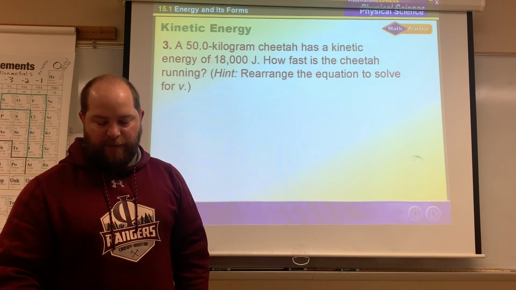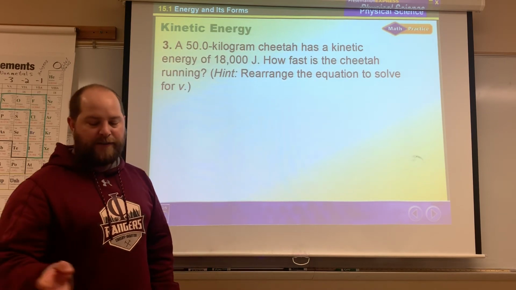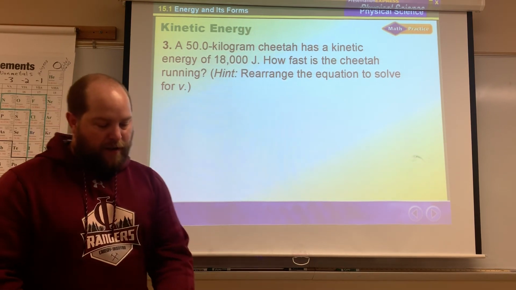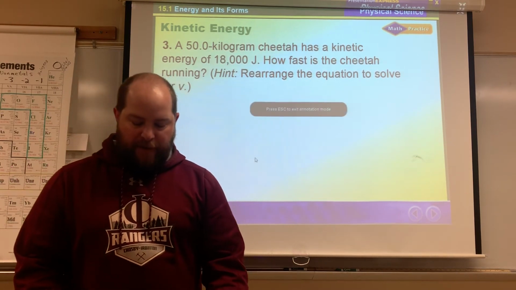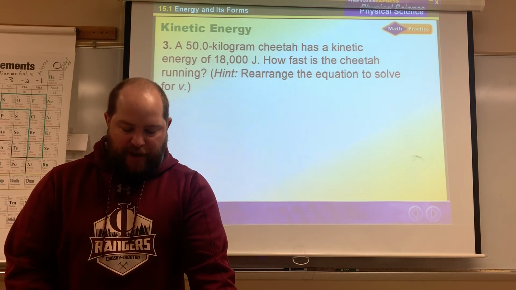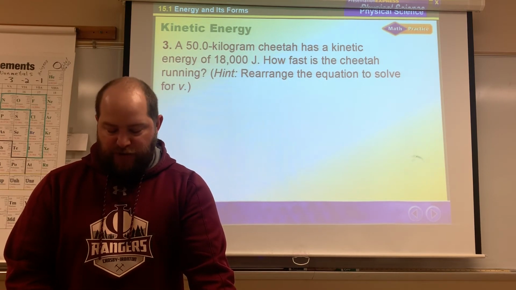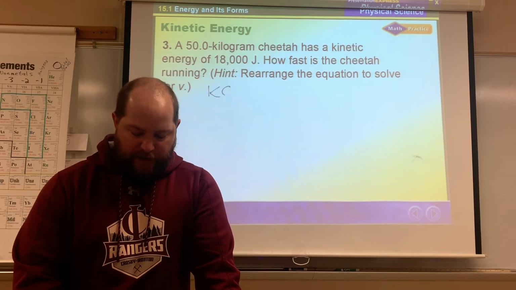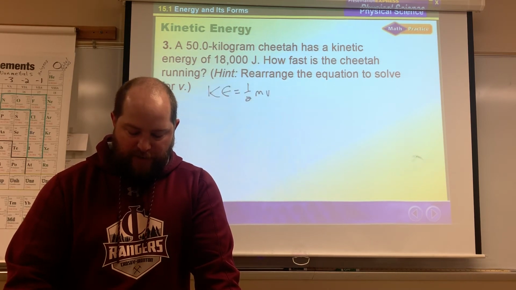I'll leave some of these problems for you, except for, let's look at this one. So that's a little bit different. We have a 50 kilogram cheetah that has a kinetic energy of 18,000 joules. How fast is the cheetah running? So we have the kinetic energy equals 1/2 mv squared.